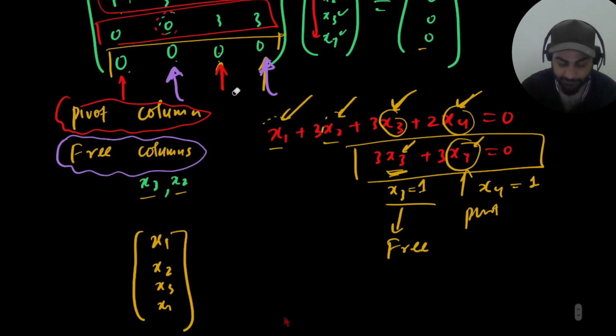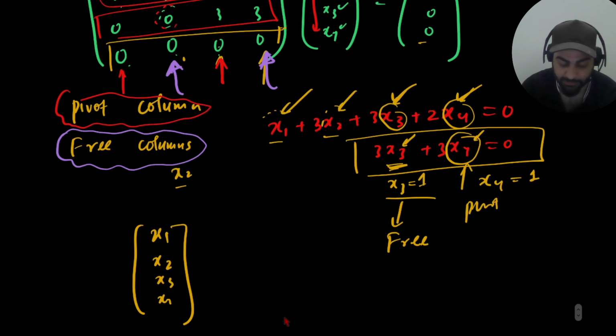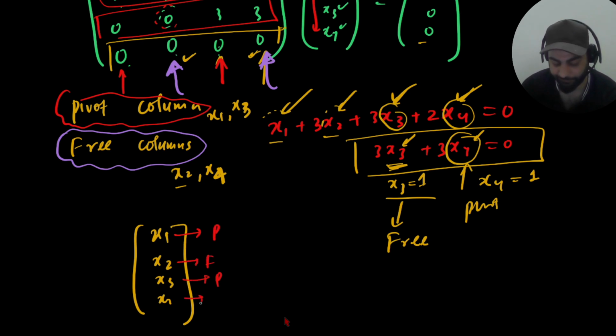Sorry. So free columns here are x2, this, and x4, this. So x1 and x3, this is x2 and x4, x1 and x3. So this is pivot column, this is pivot, this is free, and this is free.